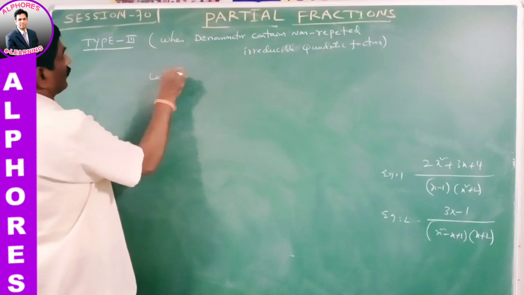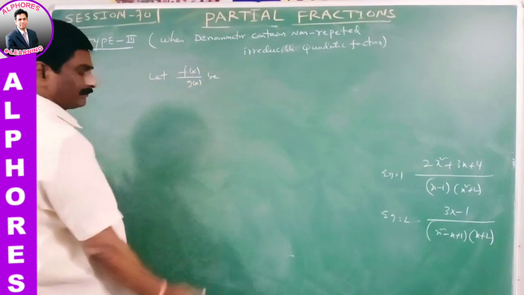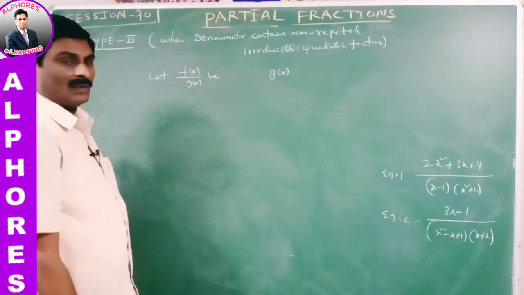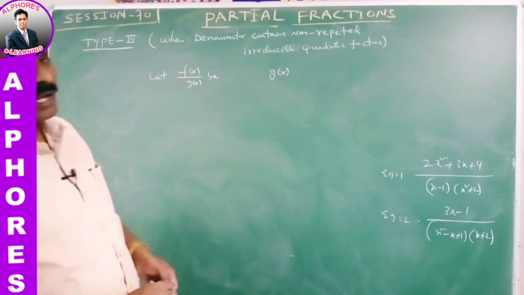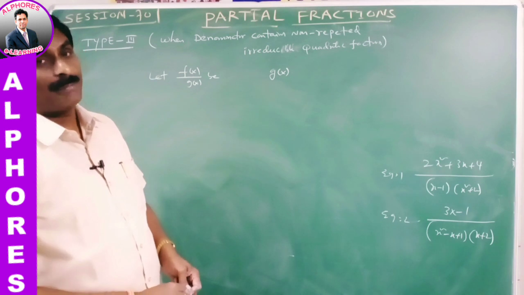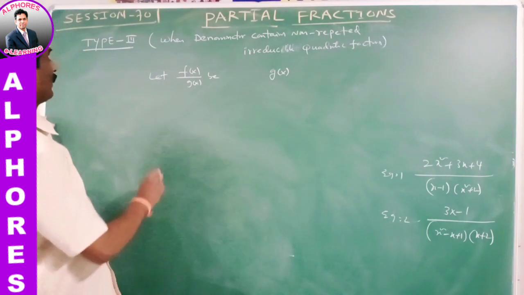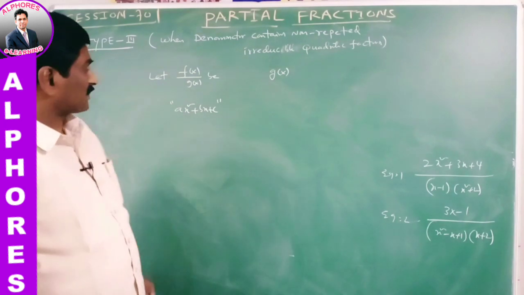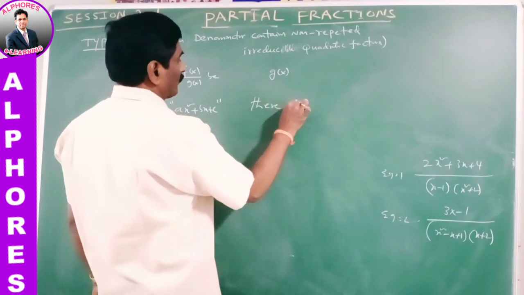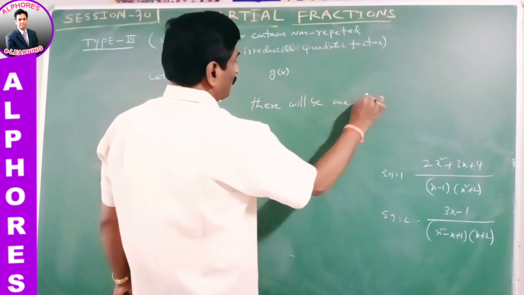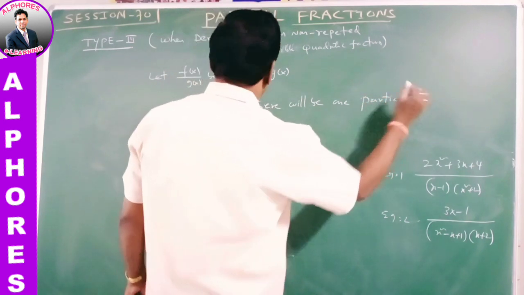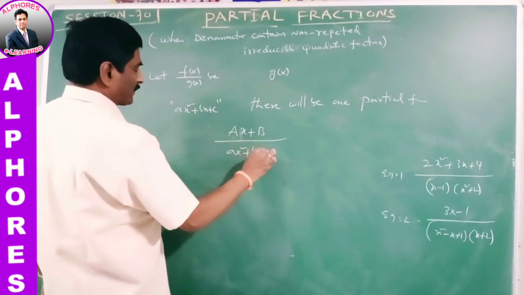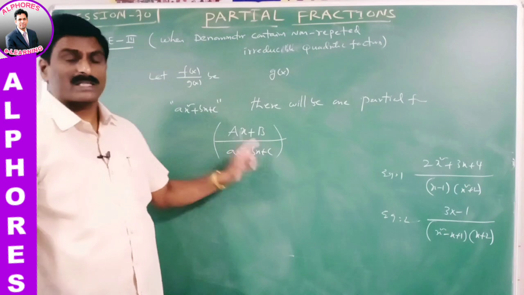Let f of x by g of x be a proper fraction and the denominator g of x contains non-repeated irreducible quadratic factors, then for every quadratic factor of ax square plus bx plus c, there will be one partial fraction, and it is in the form of ax plus b by ax square plus bx plus c.